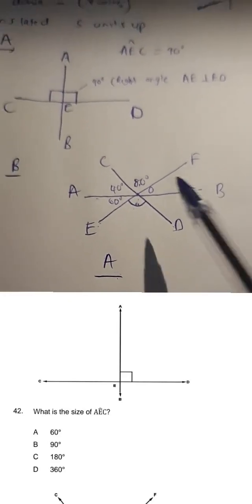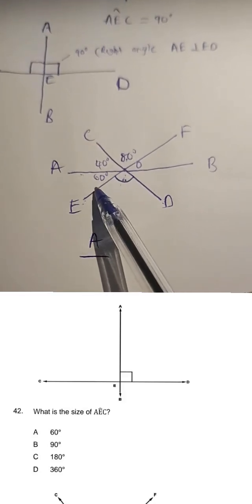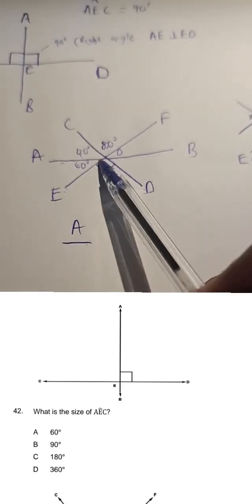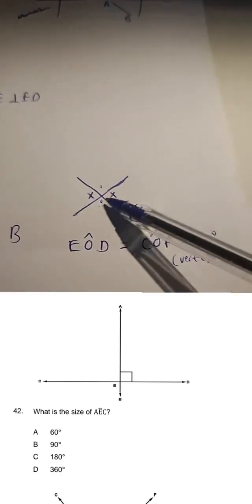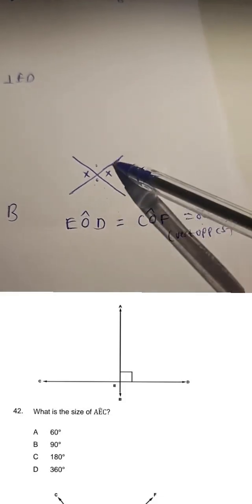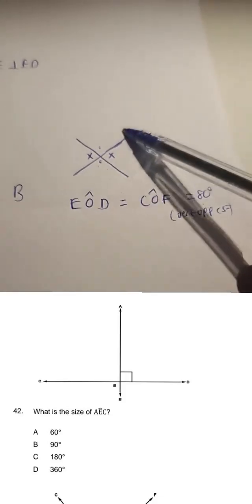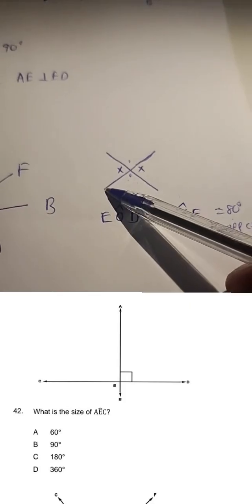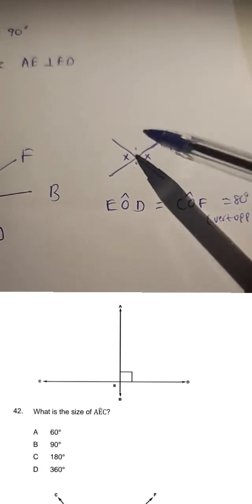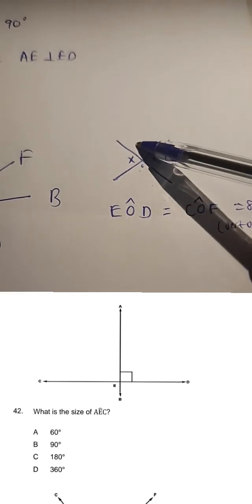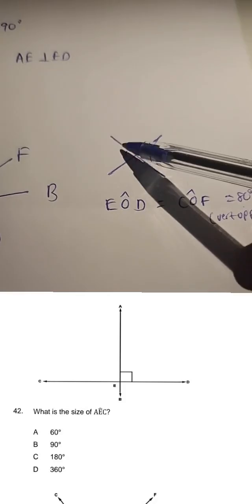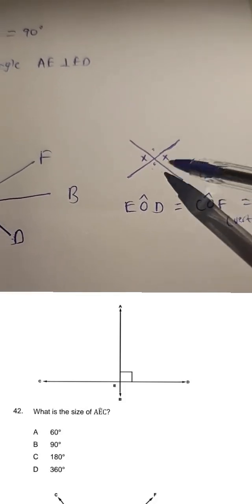We have been able to confirm it using the diagram: the angle vertically opposite angle EOD is angle COF. Why? Because we know from our knowledge of geometry that when two lines are intersecting, meaning two straight lines crossing each other, this angle here is equal to that angle there, and that angle there is equal to that angle there.